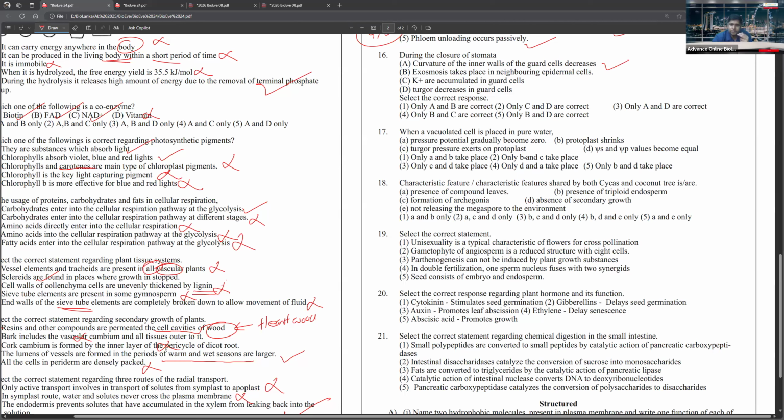Correct, Nathan. Curvature reduce, inner wall. Exosmosis take place in neighboring cells. Correct. Potassium ions accumulate in guard cells.